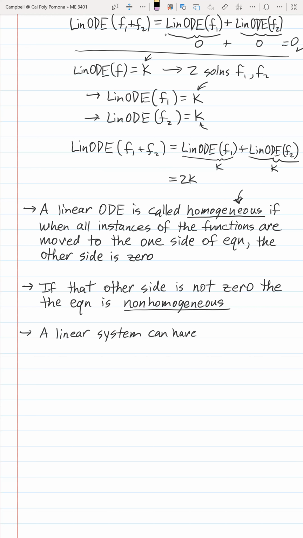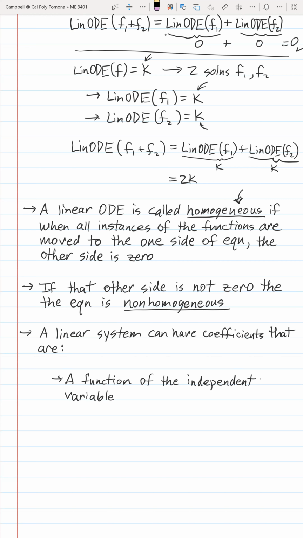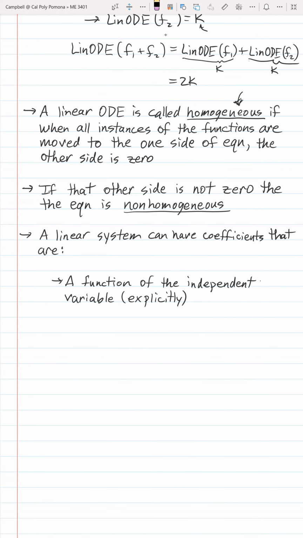A linear system can have coefficients that are clearly a function, as indicated before, of the independent variable, or they can be constant, which again, as I already argued, can be viewed as still a function of the independent variable, just the independent variable is raised to the 0 power, which would mean that it's 1.